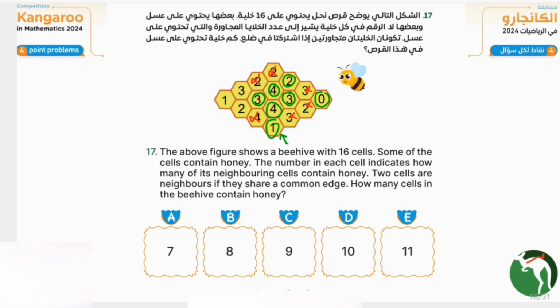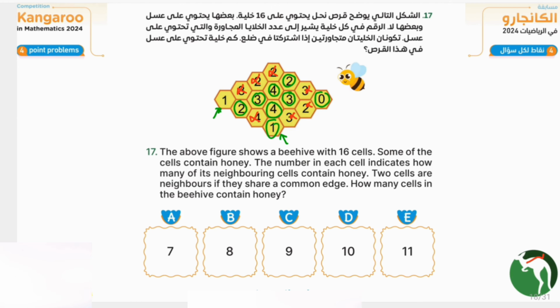Okay, now if we look at this cell here that contains 4, now 3 of its neighbors contain honey, so the 4th one should also contain honey, so this one contains honey. Now if we look at this one here, one of its neighbors should contain honey, and because 2 contains honey, this one will not contain honey, so 3 will not contain honey.